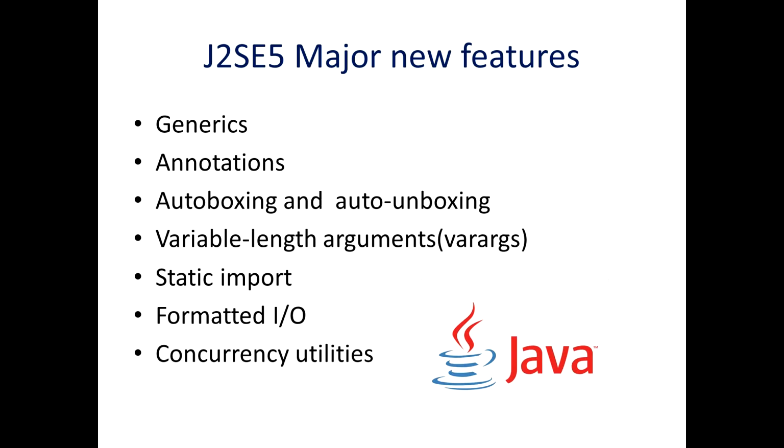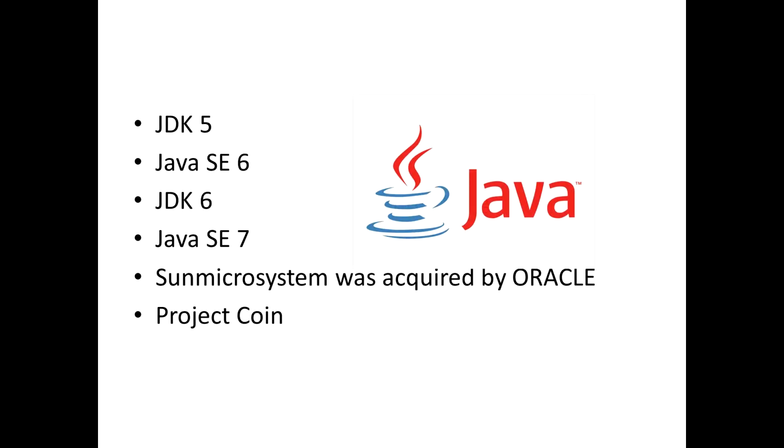That is generics, annotations, autoboxing and auto-unboxing, variable-length arguments, what are called varargs, static import, formatted input-output, and concurrency utilities. This is not a list of minor tweaks or incremental upgrades.